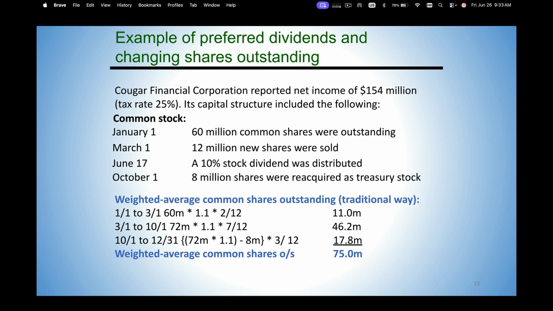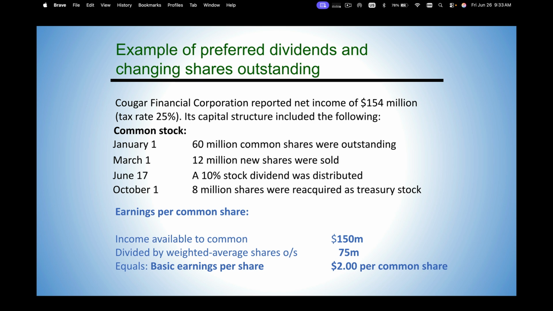The intuitive approach gets the same answer, and it does it following the alternative or the more intuitive approach, say 75 million. When we divide 150 million of income available to common, after subtracting the 4 million of preferred stock dividends from the net income, we end up with 150 million divided by 75 million shares outstanding, or $2 per common share earnings.